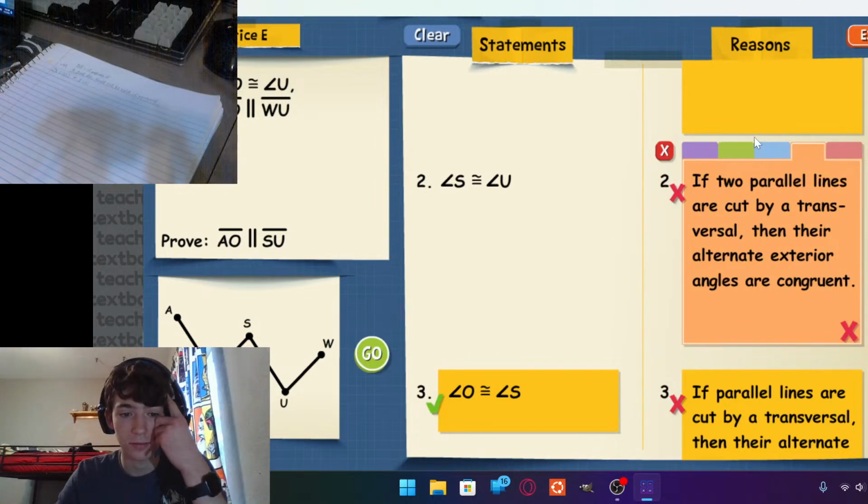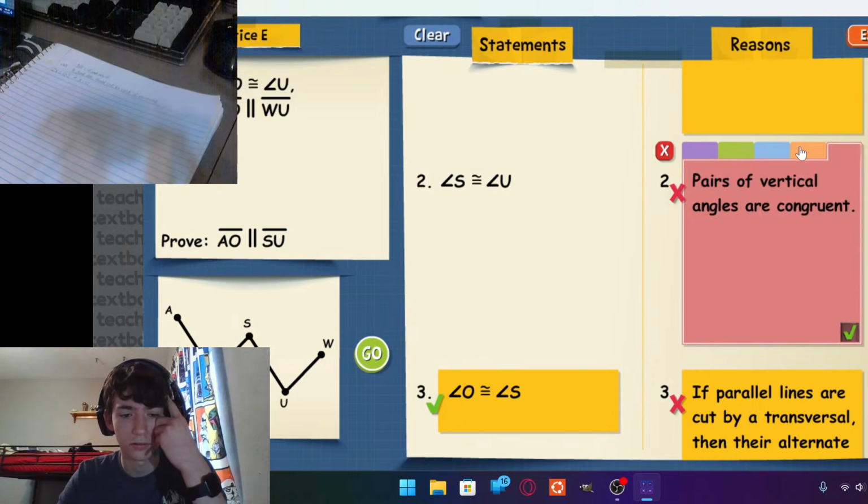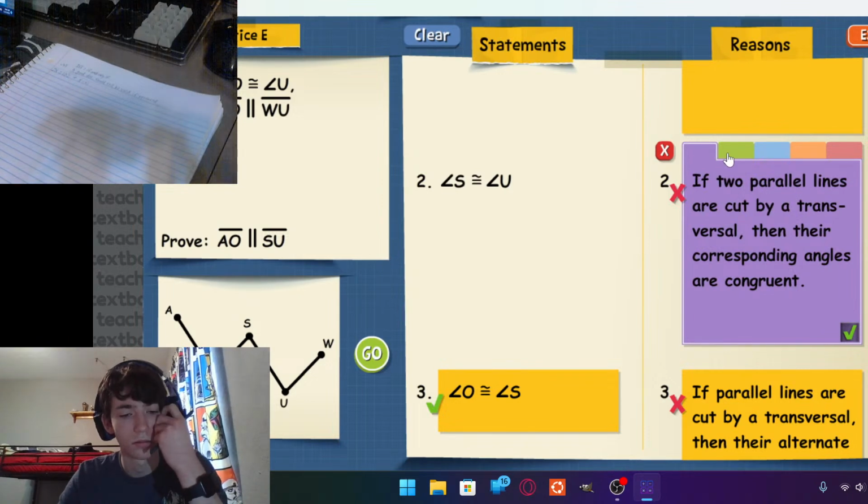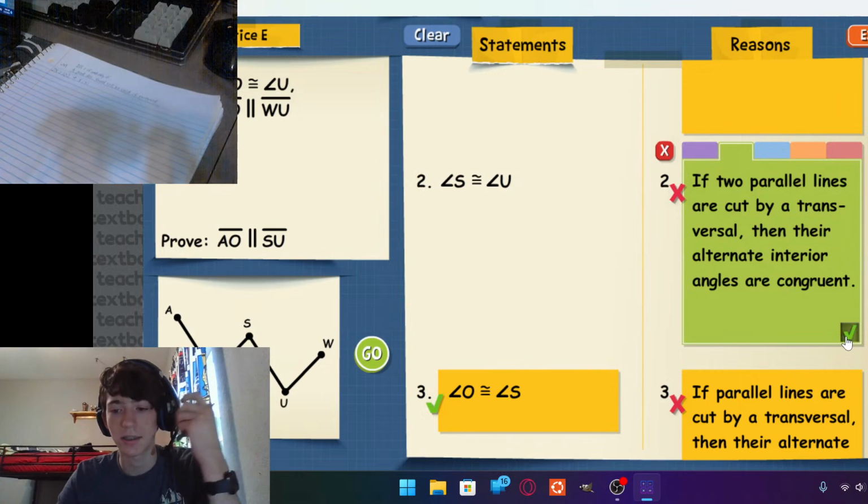S equals U. How are those not alternate exteriors? What is this?